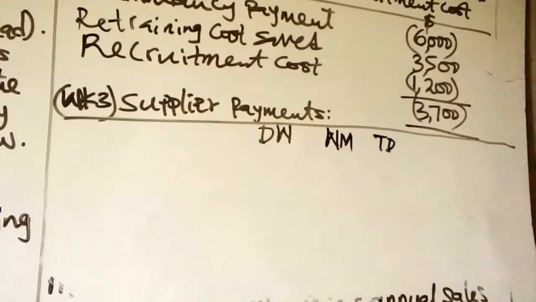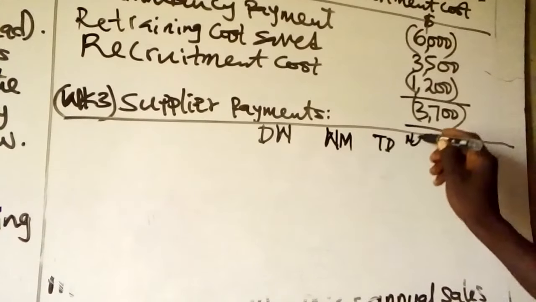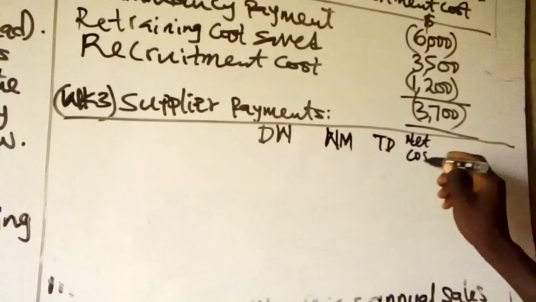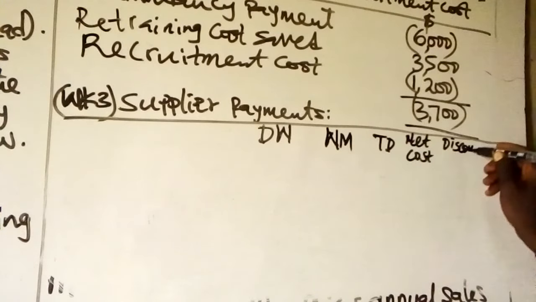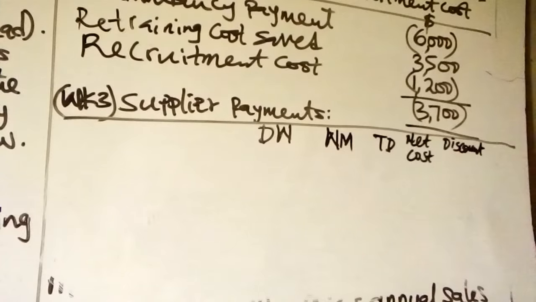We have the net cost, we have discount, and then we have the gross cost.